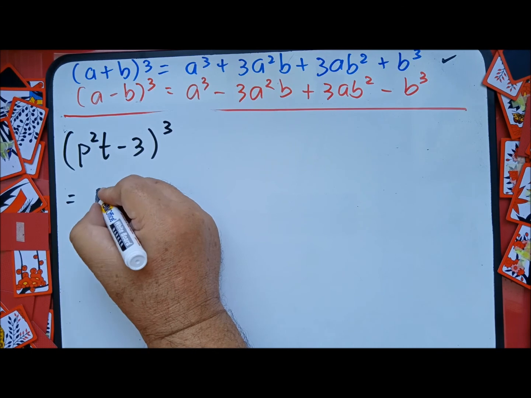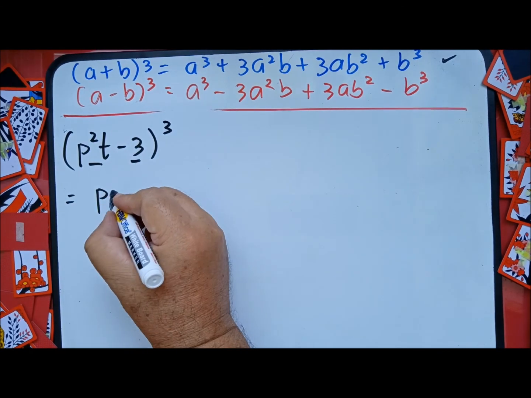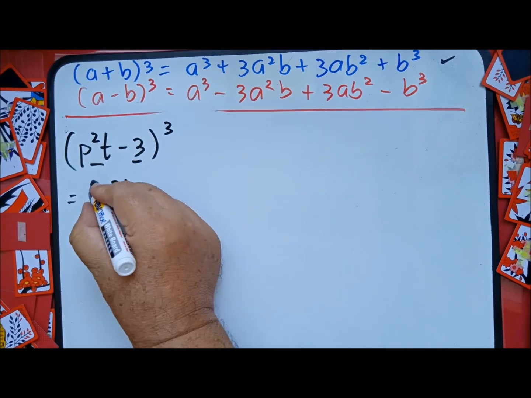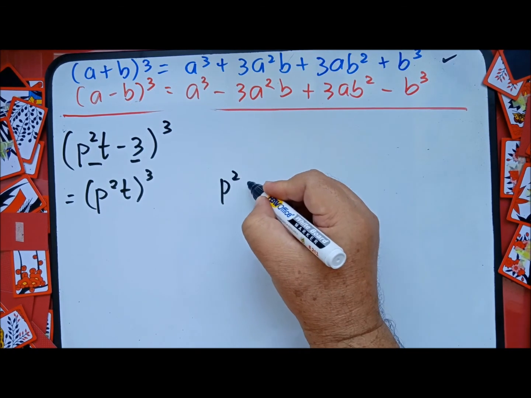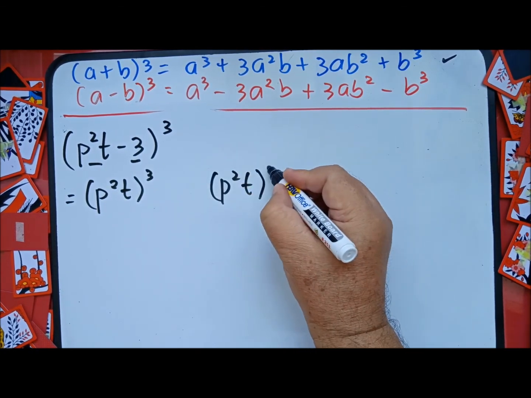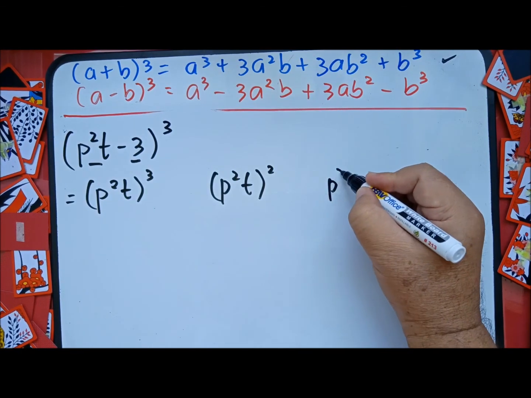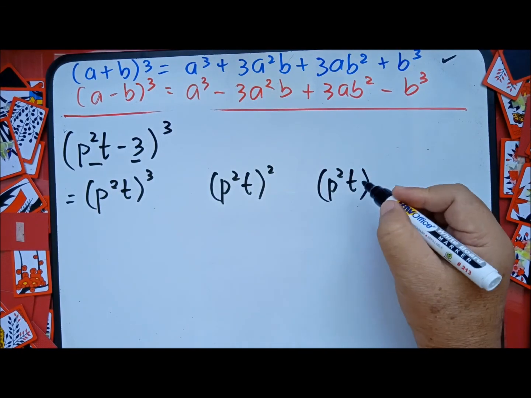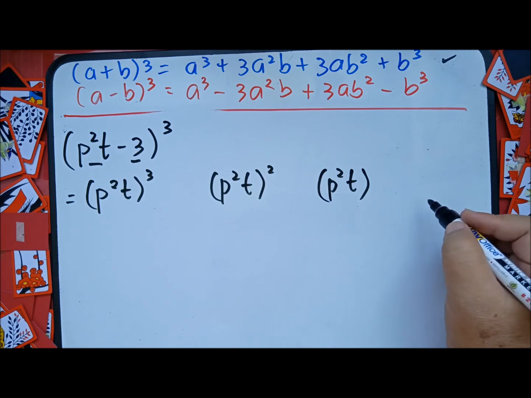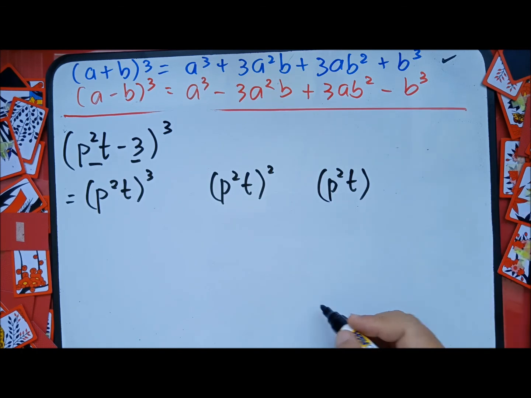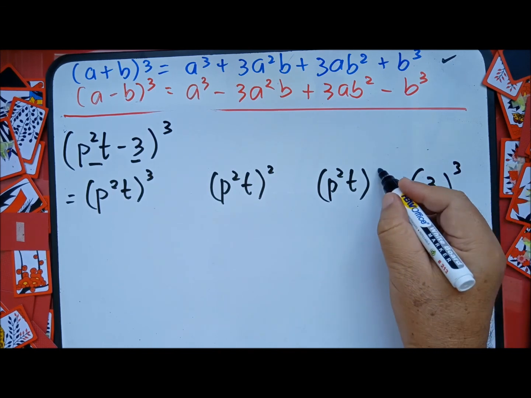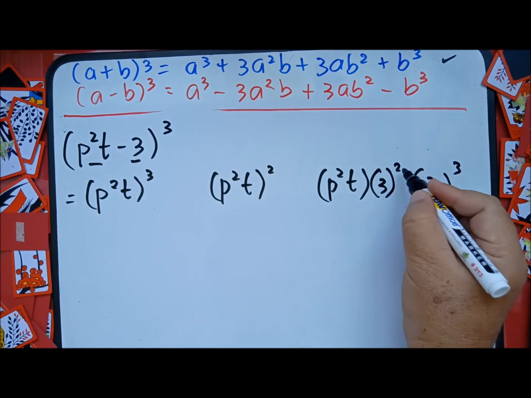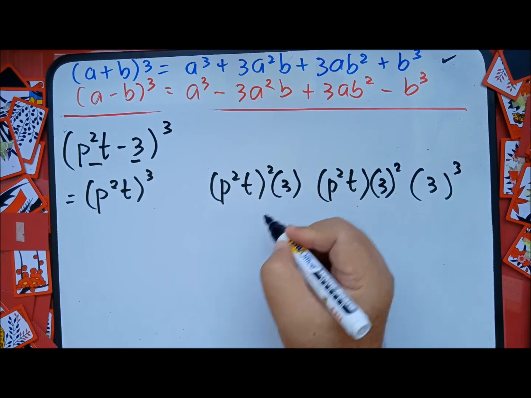Equals first term, second term. p squared t cubed, p squared t squared, p squared t, raised to the 1 power. Then no more p squared t on the last term. How about the 3? 3 cubed, 3 squared, 3.